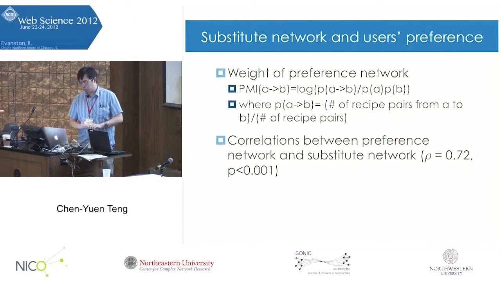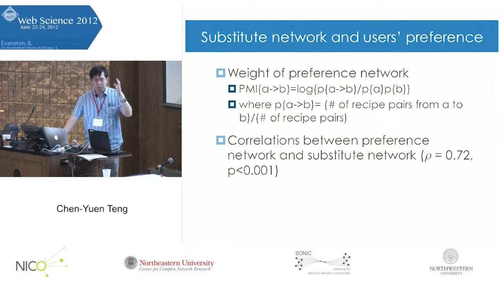We assign weights similar to the substitution network, using conditional probability, and we run a correlation test. We found the correlation is pretty high, which means the substitution network encodes users' preferences.